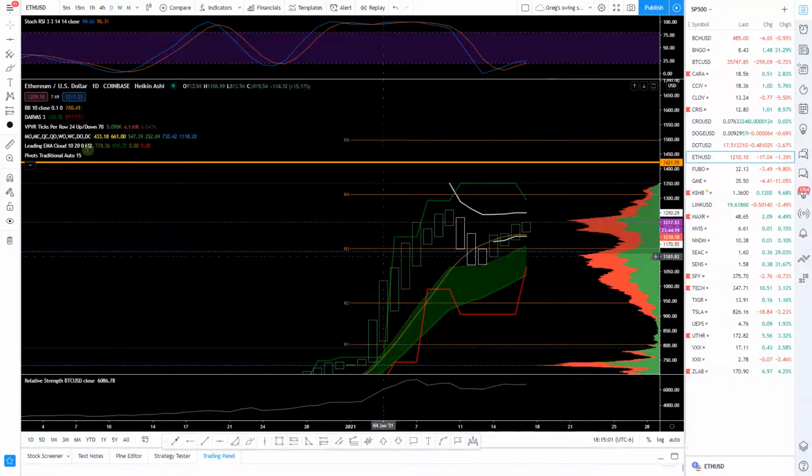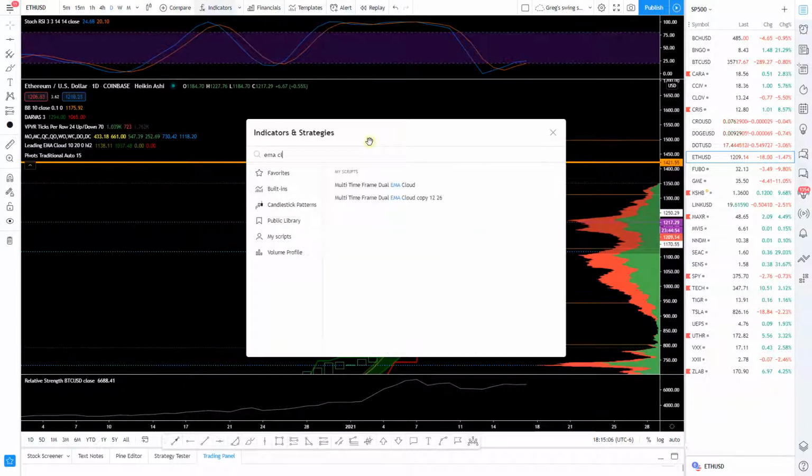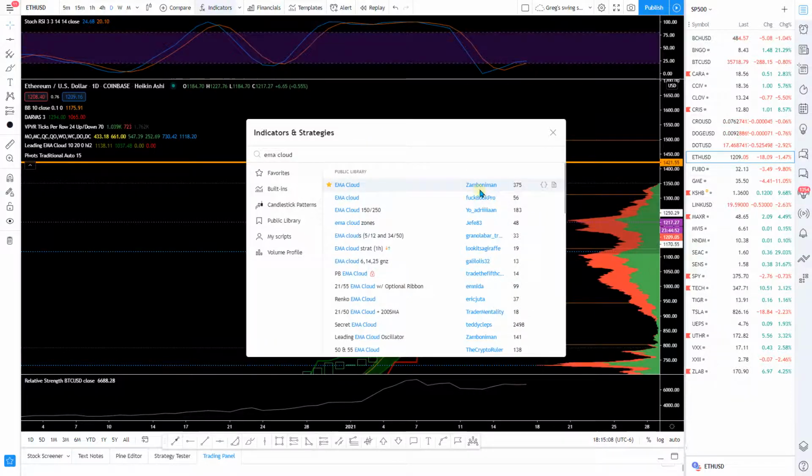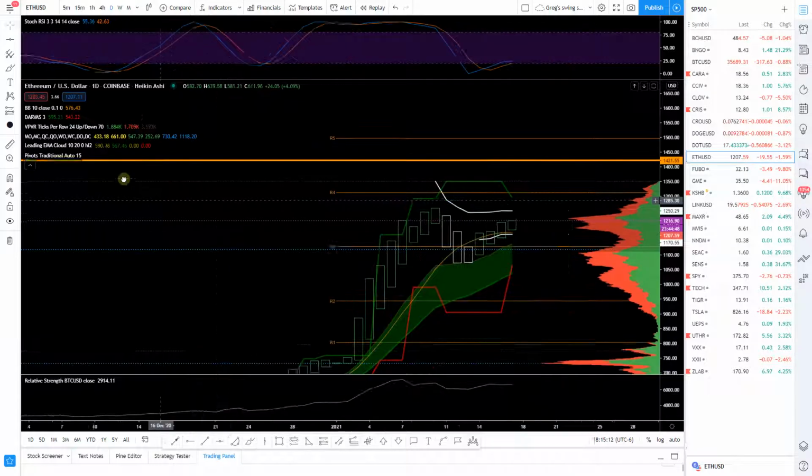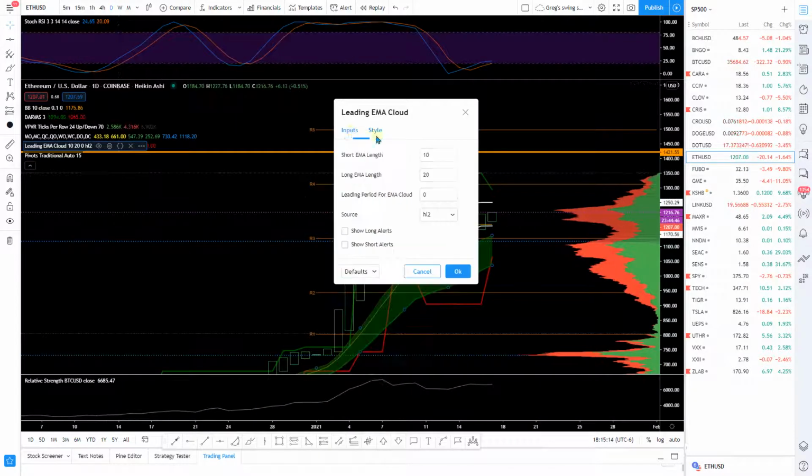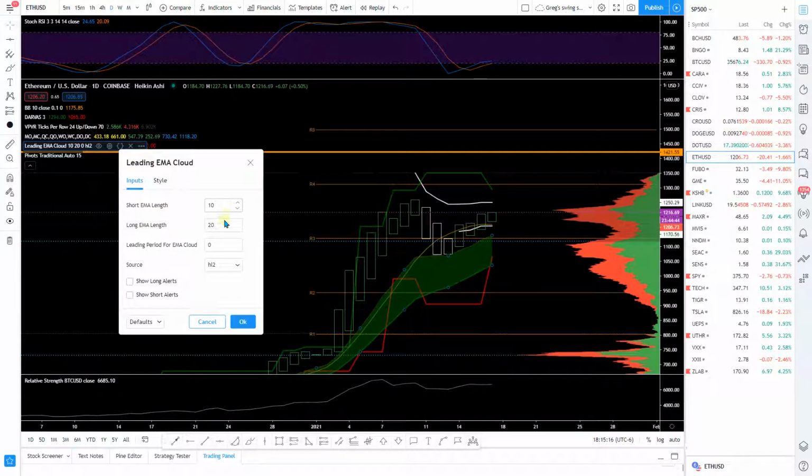Okay, next thing is this EMA Cloud. You just type in EMA Cloud. It's just this one by Zambonian Man. It's a great indicator. What I usually do with this one is I just come in here and change it to a 10/20, just to give me this little green cloud. And he usually has it set so you can almost use it like an Ichimoku cloud where you can set it like so far ahead.